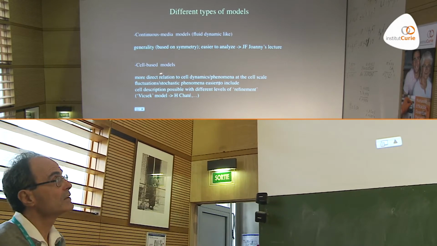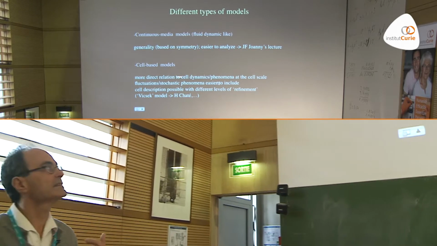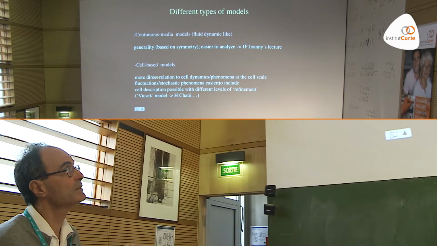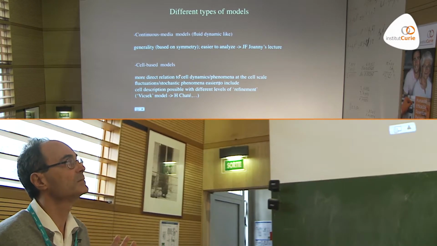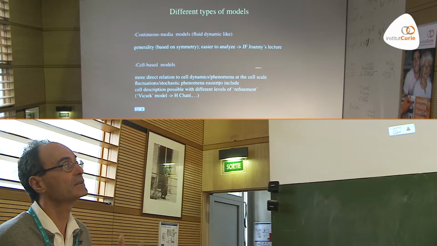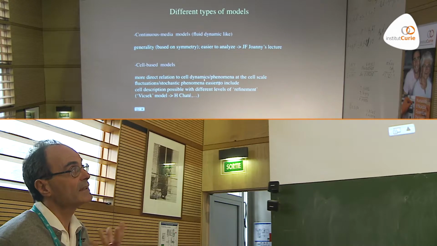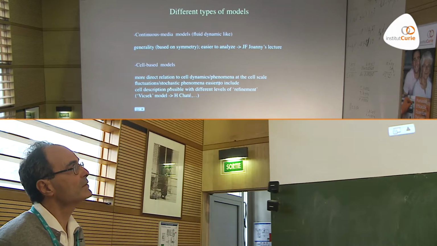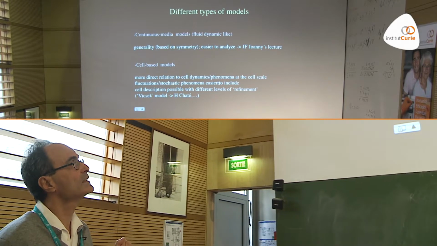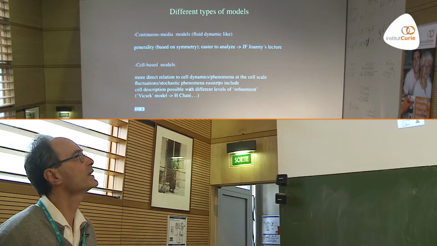So there is really some reason to look at cell-based models. Also because if you look at cell-based models, you have a more direct relation between cell dynamics, some phenomena at the cell scale that you can include more easily in a cell-based model. You can also look a little bit more easily at fluctuations and stochastic phenomena.